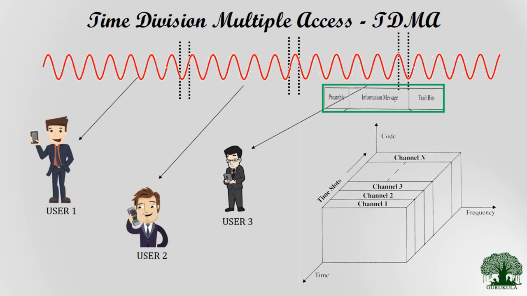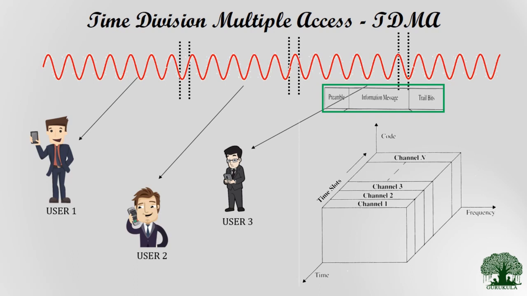But there are certain drawbacks with the FDMA and TDMA techniques. As far as FDMA is concerned, the users are limited to a particular frequency band, which means they can only send signals that fit within that frequency band. If a user wants a higher bandwidth, or wants to communicate a signal with a very large bandwidth, he cannot do that with FDMA.